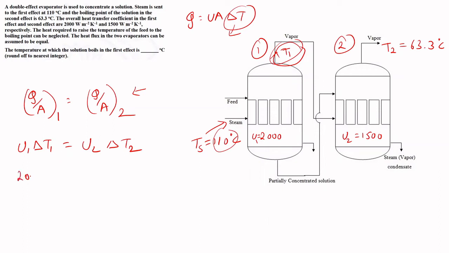U1 we have been provided as 2000. For the first effect, delta T1 is 110 minus T1. Similarly, 1500 into delta T2, which will be T1 minus T2.